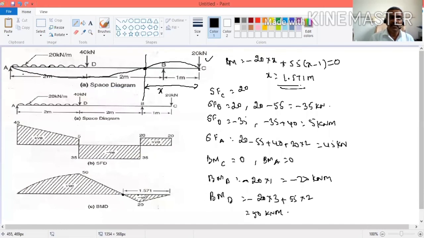This is negative bending moment, which means the beam will hog, that is, it is convex. If it is positive, the beam will bend like this, that is concave, and it is sagging bending moment.